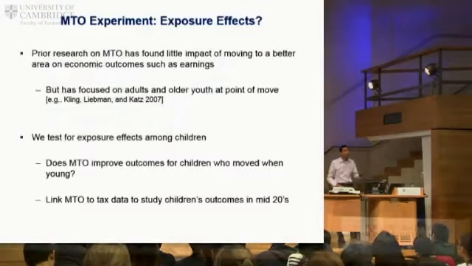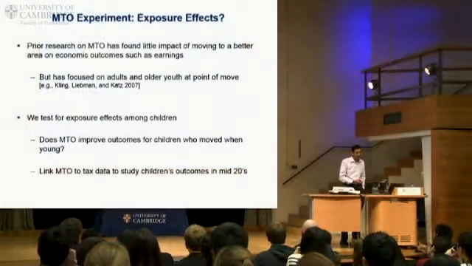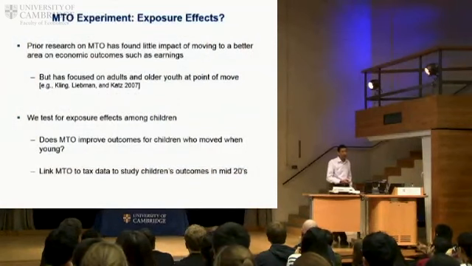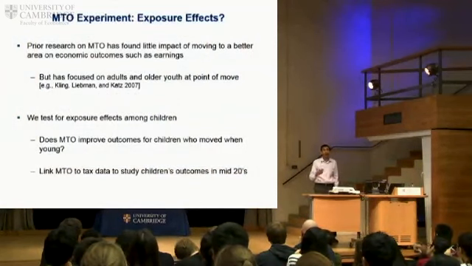So there's a very large body of research studying the Moving to Opportunity experiment over the past 20 years or so. And somewhat disappointingly for sociology, in particular, where sociologists have thought for a long time that neighborhoods matter, this experiment has found relatively little impact of moving to a better area on economic outcomes such as earnings.